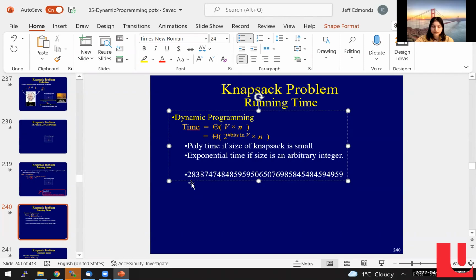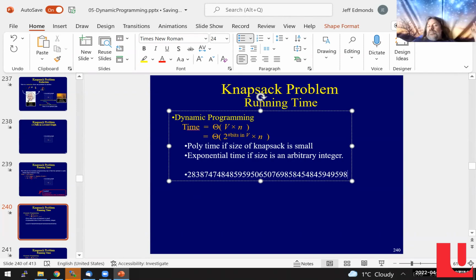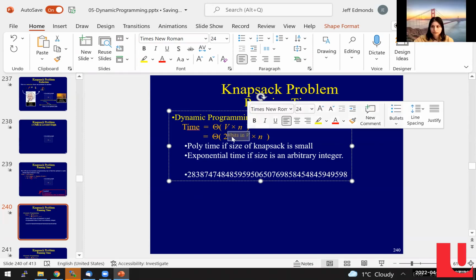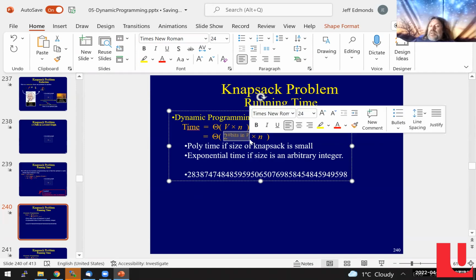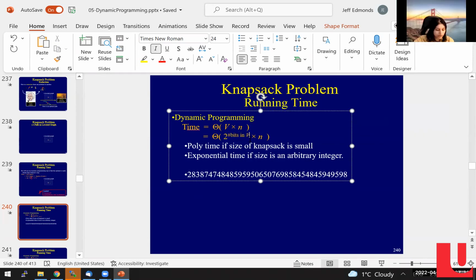If I add an extra digit, it's only one extra bit of work for me to represent the volume, but your time goes up by a factor of 10 or a factor of 2, right? Does that make sense? Yeah, that makes sense.